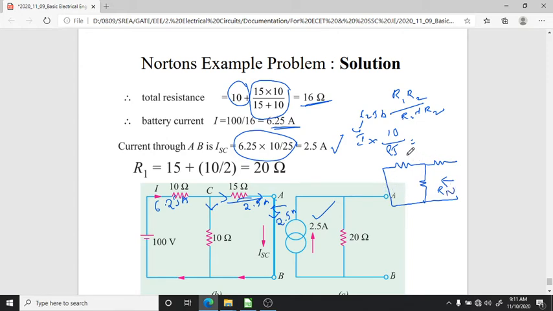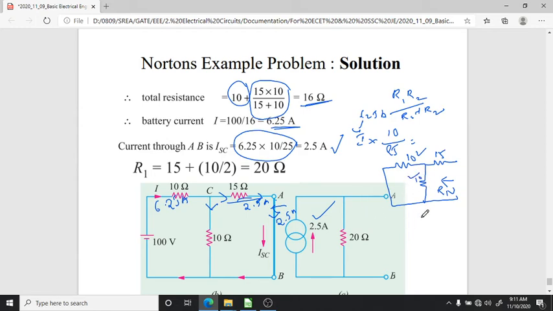Okay, here 10 ohms is there, here 10 ohms, here 15 ohms. Now the voltage source is shorted with its internal resistance. Internal resistance given is 0 ohms, so it is a short. Now this 10 ohms and this 10 ohms are in parallel.